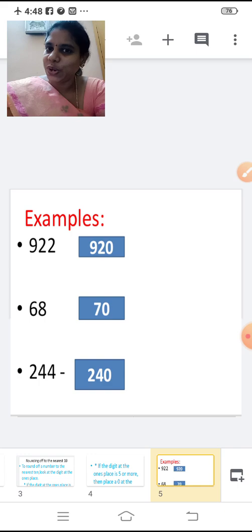Place 0 at the ones place and the tens place will remain as it is. So tens place, what digit we are having? 4. That digit will not change. So 4, hundreds place 2. So 244 is rounded off to 240. So till now you are clear with the rounding of the numbers to the nearest 10, isn't it?